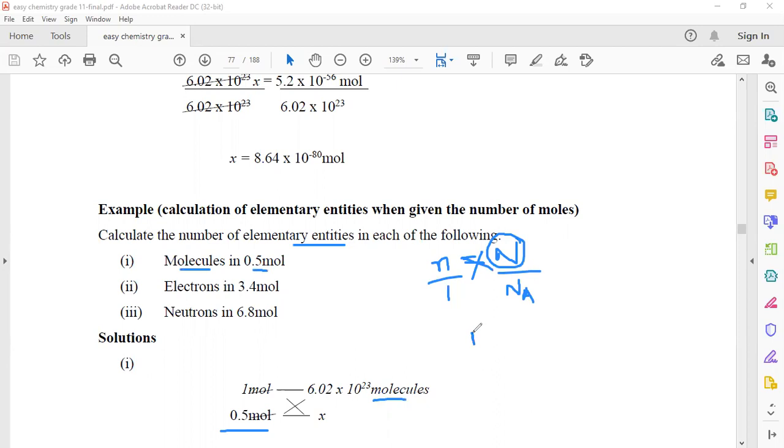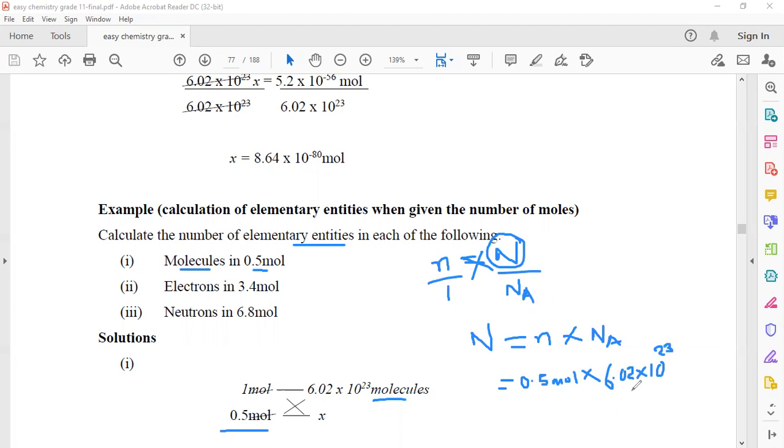So the number of molecules will be equal to number of moles times the Avogadro's constant. So number of moles given is 0.5 moles times what is the Avogadro's constant? 6.02 times 10 to the power 23.